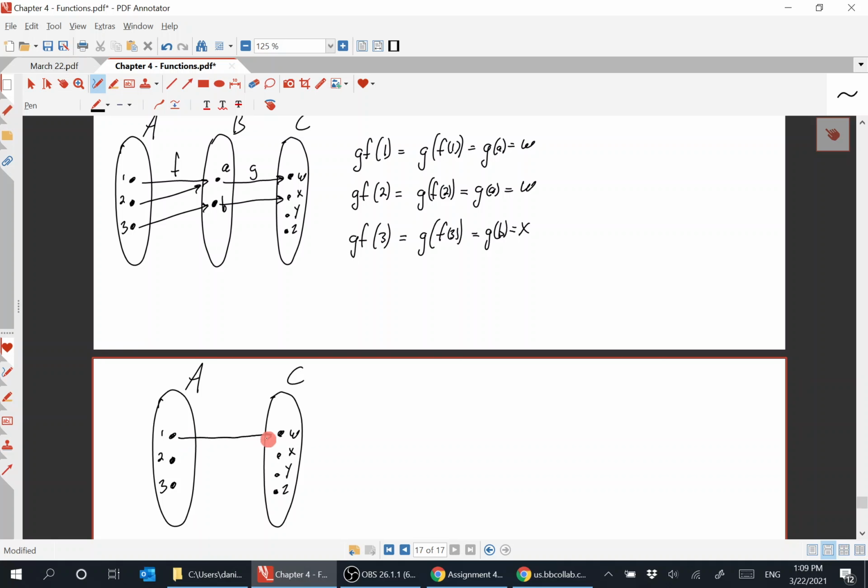So g following f was w for the first two, and then x for the second. So this is g following f.